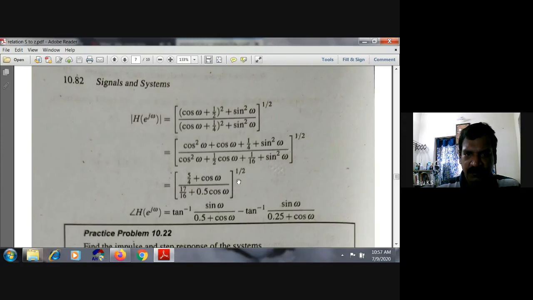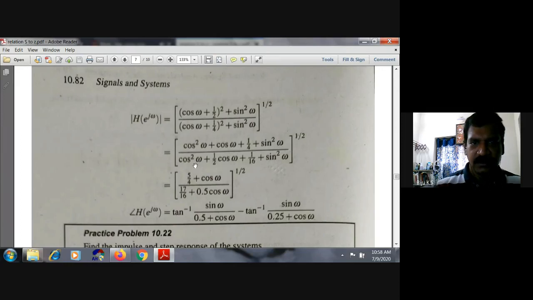Sin square plus cos square is 1. So you correct it; they are making the mistake here by not including the 1 by 2 term, and the denominator also is a mistake.